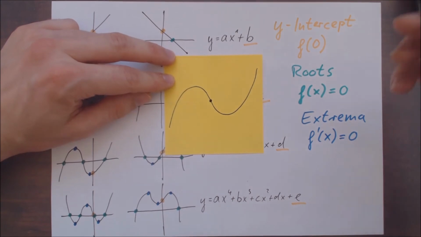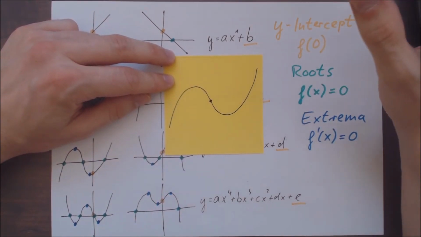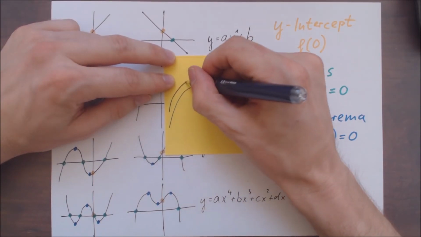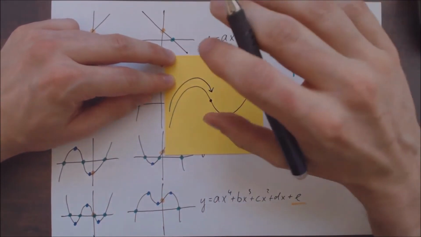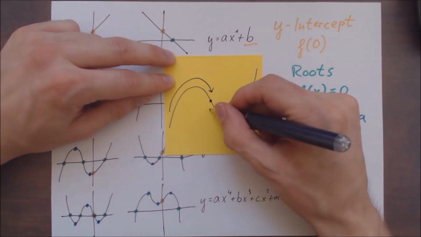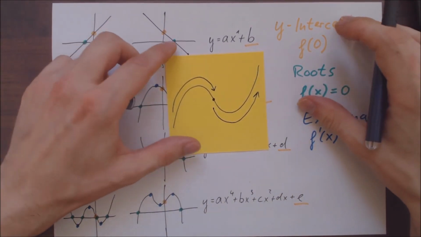Why is that so? The inflection point separates a right-hand bend from a left-hand bend. Before the inflection point, we have a curve, a bend, a right-handed bend. And then comes the inflection point, and after it, we have a left-hand bend. So that's an inflection point.